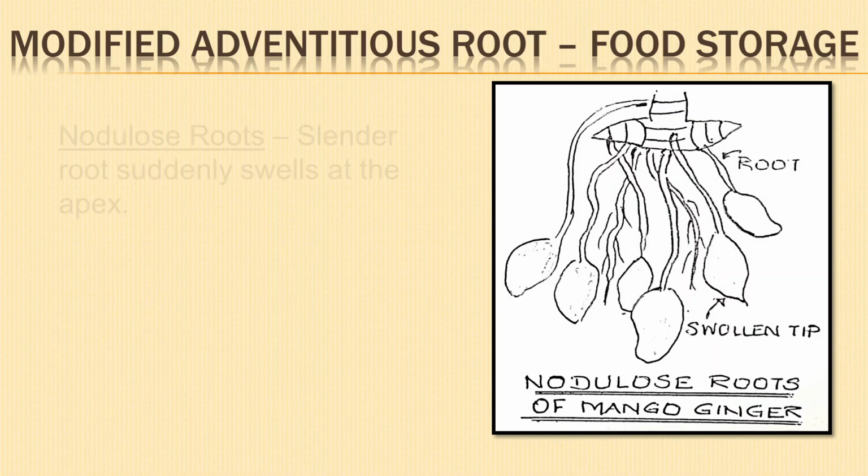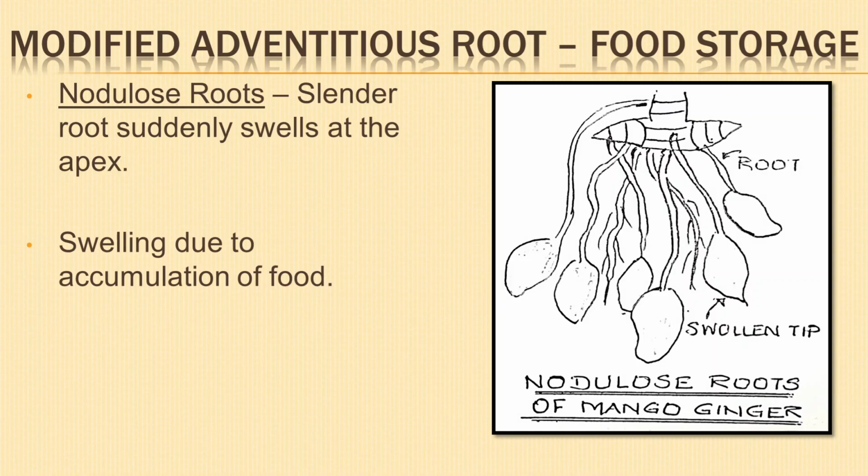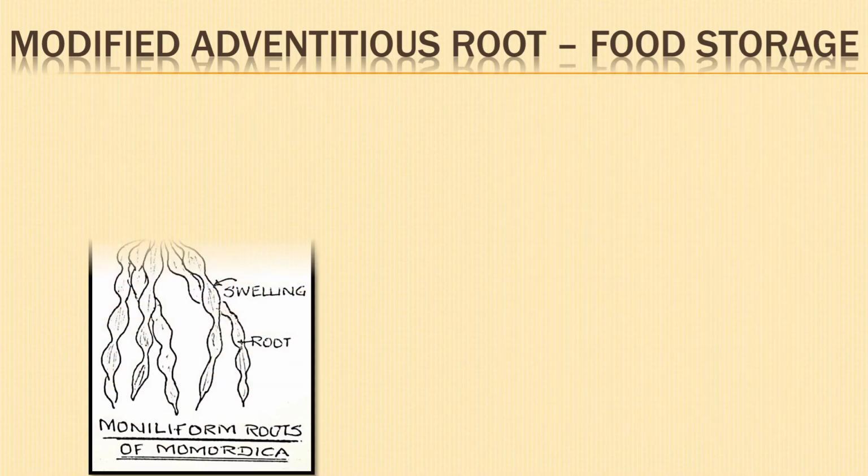Nodulous roots. When the slender root becomes suddenly swollen at the apex, it is said to be nodulous. The swelling is due to the accumulation of food as seen in mango ginger. Moniliform or beaded roots.